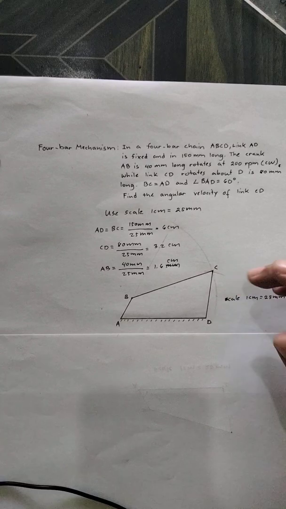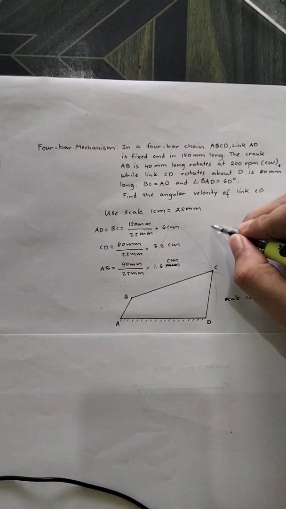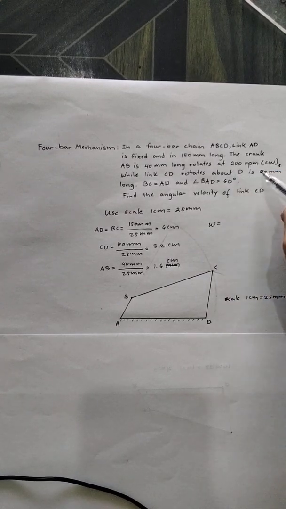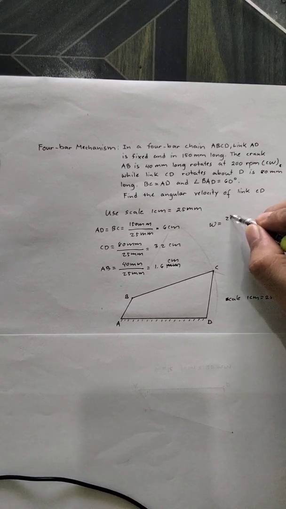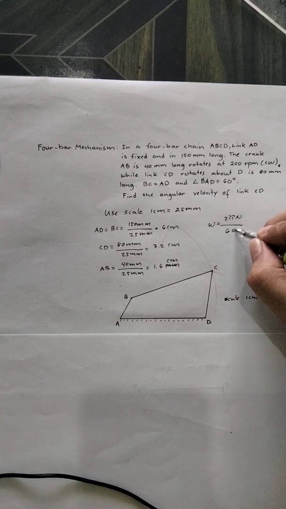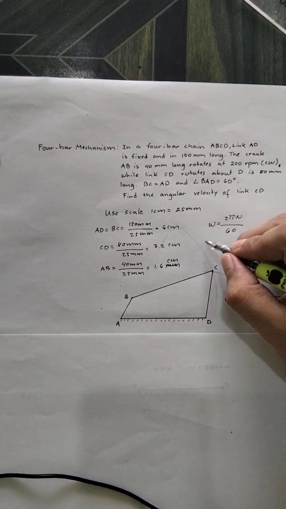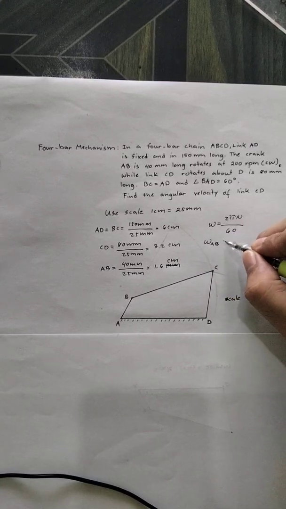Okay, from here we know that to convert the angular revolution into angular velocity, we can use 2 pi N over 60. We just need to specify that this angular speed is from link AB.